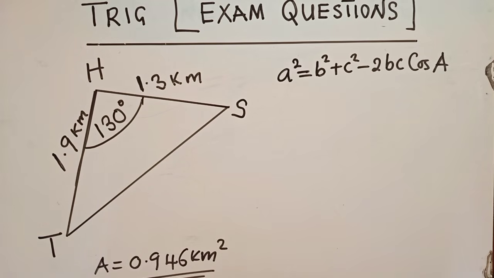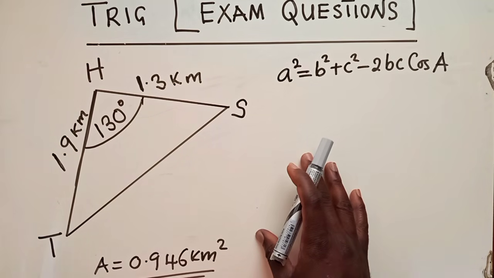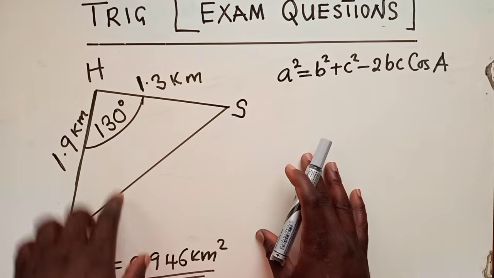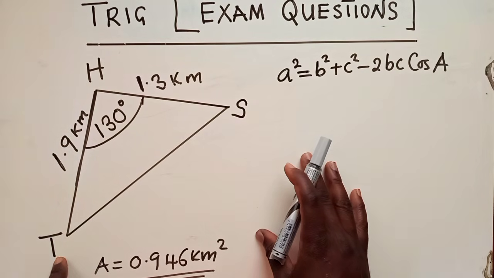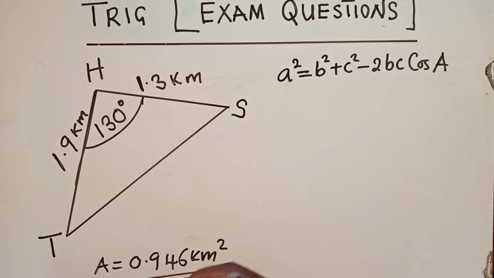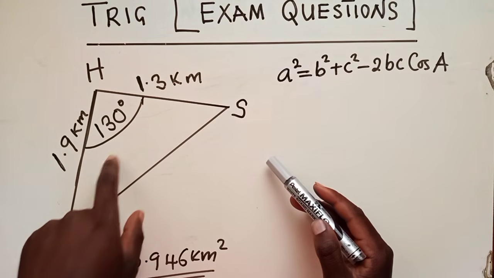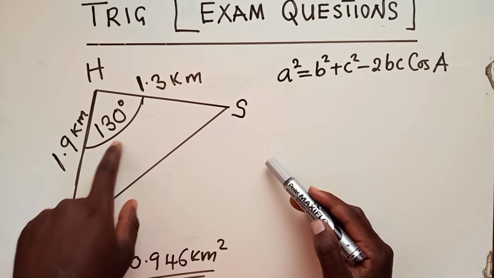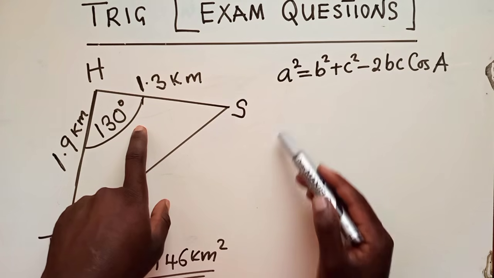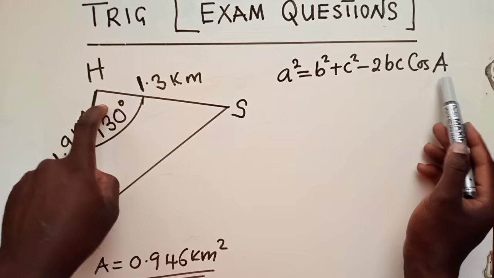Okay. So our idea here will be to relabel. We can use these letters if you want, but if you don't want to get confused, you can change the letters. I always encourage people, if you're dealing with a triangle that has an angle that is included, start with your A, where the angle is.